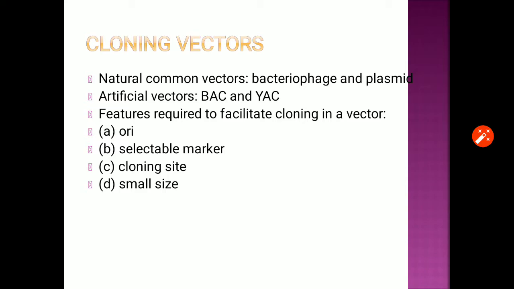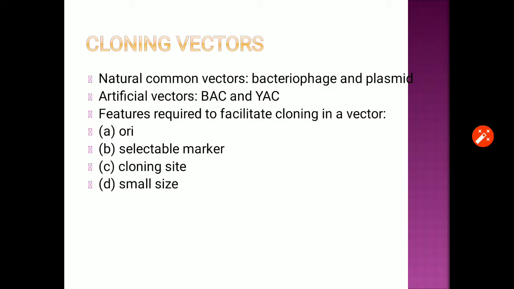YAC is the yeast artificial chromosome and BAC is the bacterial artificial chromosome. Now there are some features which are required to facilitate cloning in a vector, and the essential features are ORI, that is origin of replication, selectable markers, cloning site, and the small size.